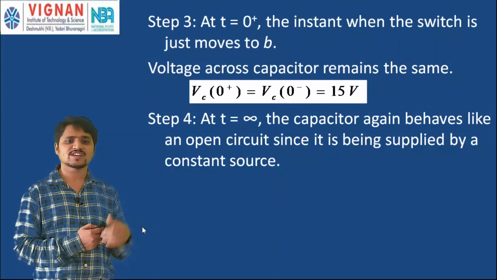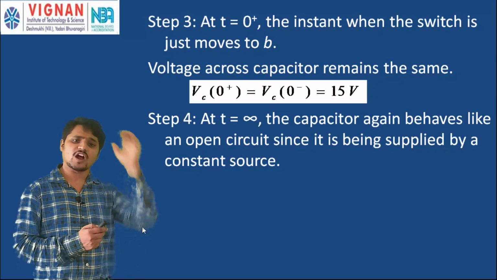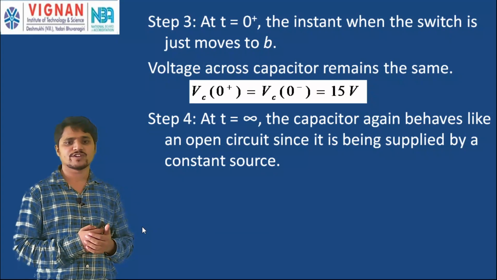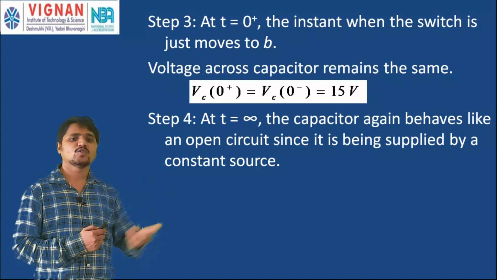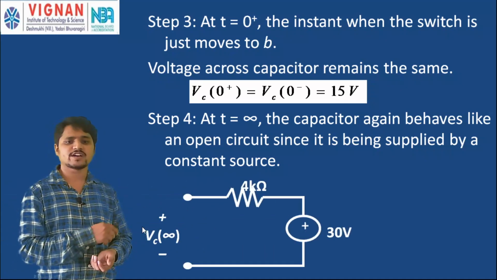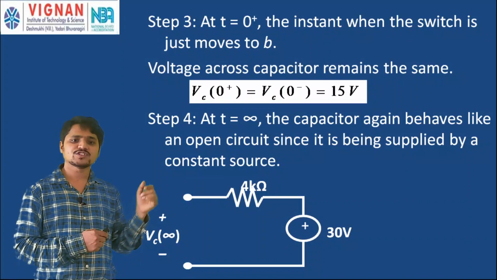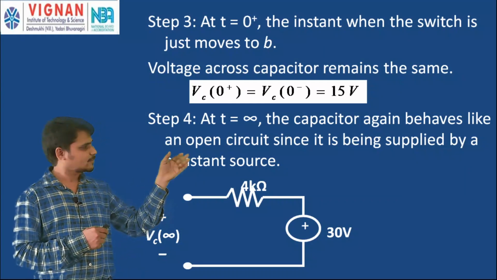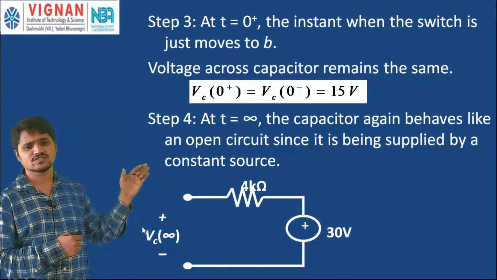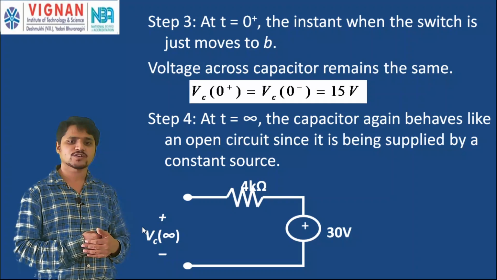Now we have to find the steady state, that is, once the switch has moved from A to B, after a long time, what is the response? At time t equal to infinity, the capacitor again behaves like an open circuit, since it is supplied by a constant source. This is the circuit when the switch is moved from A to B. The first part is disconnected, and here the capacitor acts as an open circuit.